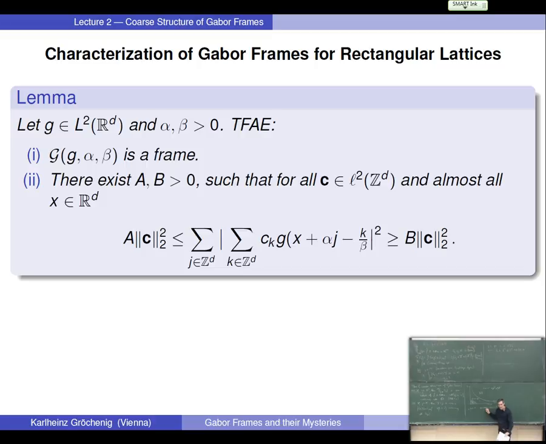So density questions for sampling, it's a whole business, and this is one particular example of a density theorem.